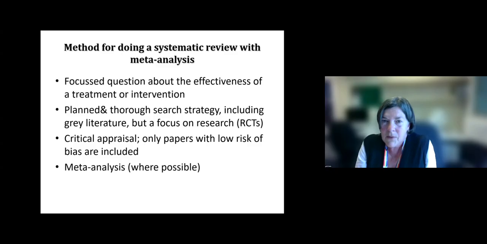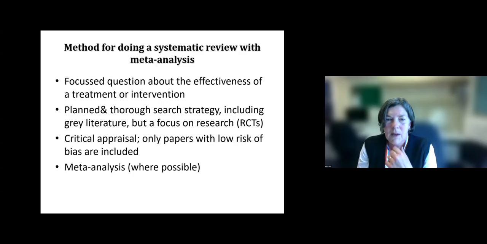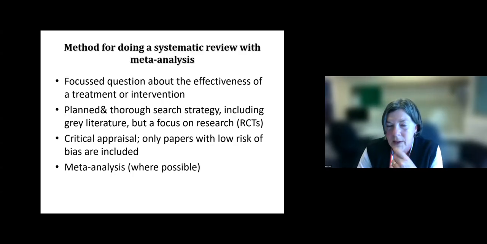This is the method for doing a systematic review. Meta-analysis is the statistical calculation at the end with which you arrive at that diamond on the chart. You need a focus question about the effectiveness of a treatment or intervention.